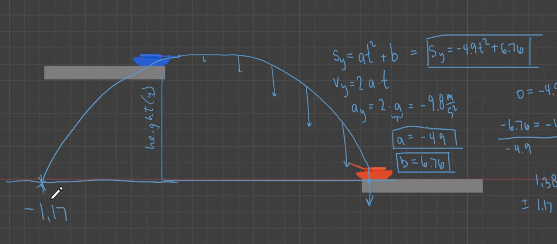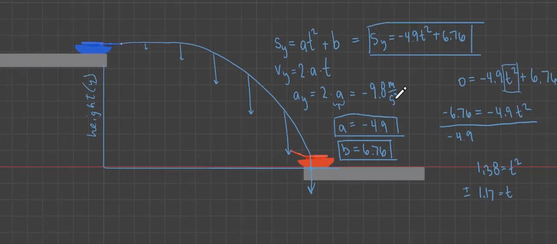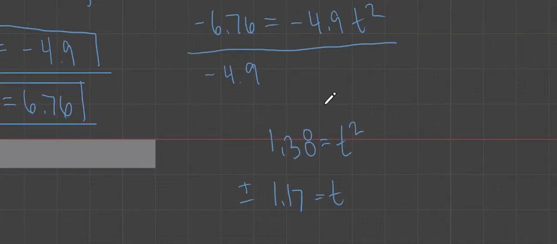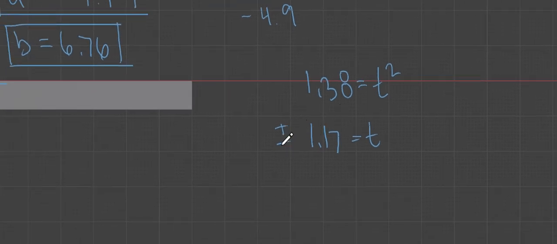But we know it was impossible for the projectile to have come from the ground, it didn't just spawn some energy and shoot itself up. So we know that the negative value is an erroneous value. It's something that we don't have to worry about. So we just take the positive.